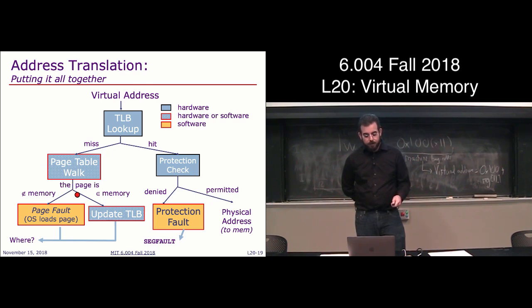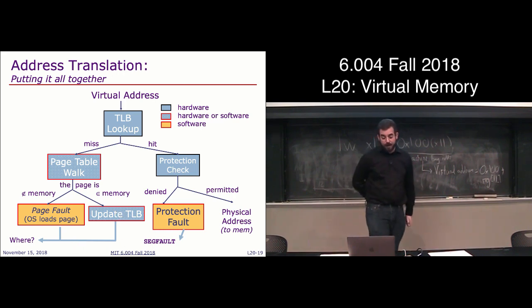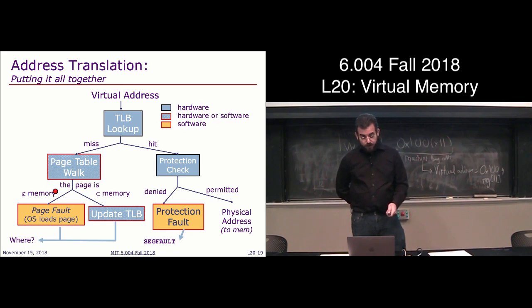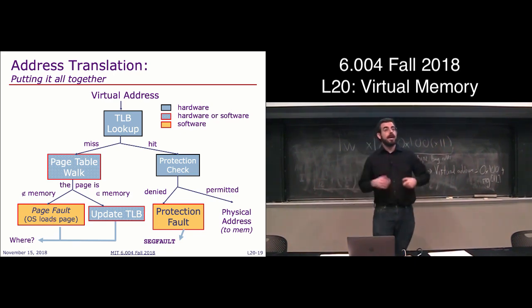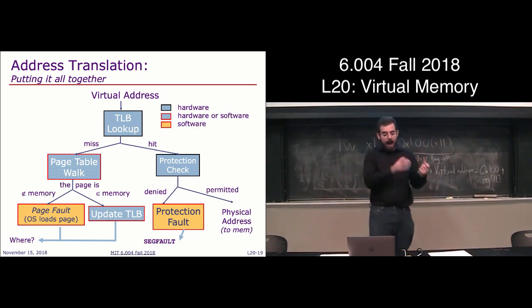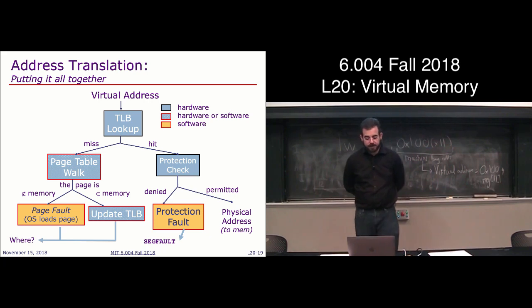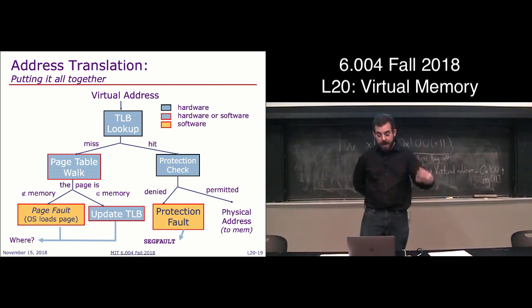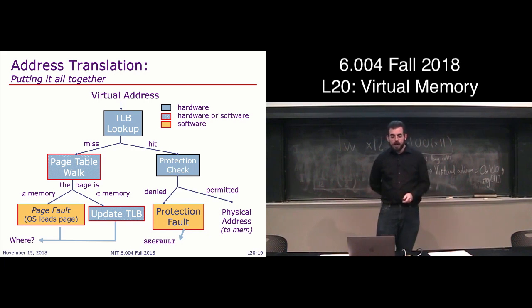Either your page table has the translation, in which case we update the TLB and we have the right physical address already, or it's not in memory, in which case we need to trigger a page fault so that the operating system can load it from disk and have the right translation. And insert the right translation in the page table, and then we'll replay the memory access, we'll replay the instruction, and we'll go through this other path over here, right?